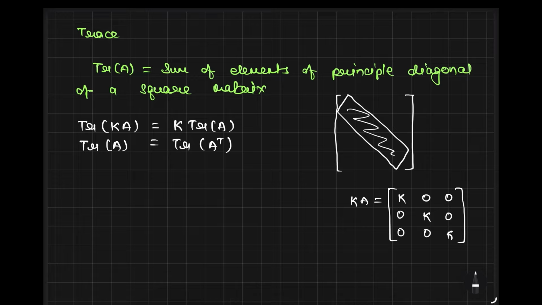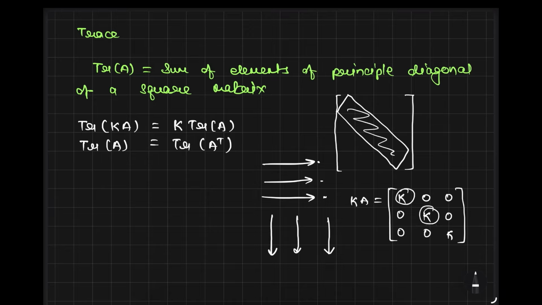A transpose means you have to convert rows: row 1 will be converted into column 1, row 2 into column 2, row 3 into column 3. So this is the transformation, like A transpose. And if you observe, the diagonal elements will remain at the same place. So you can write trace of A is equal to trace of A transpose.